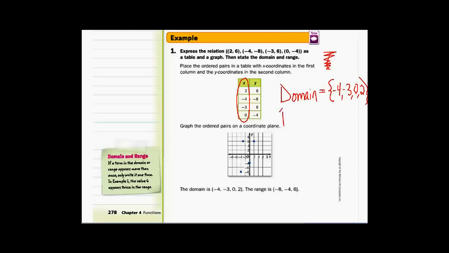So then you've also got the range. Range is the y coordinates. So brace, now we're talking about y's. Least to greatest, negative 8, negative 4, and 6. Notice that there are two 6s. You do not need to list them twice.